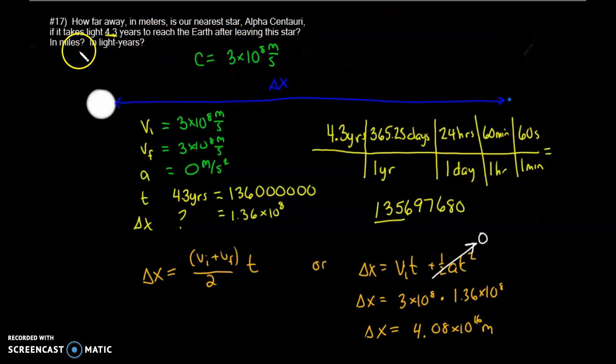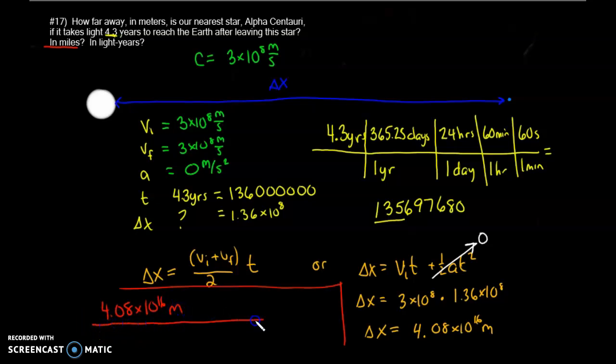Well, the next thing it wants me to do is in miles. So we'll switch over to red here. So how about in miles? Well, all I need to do, since I already have the answer here in meters, is convert that into miles. So I'll do that in this section over here. 4.08 times 10 to the 16th meters. And there are 1,608 meters in 1 mile.